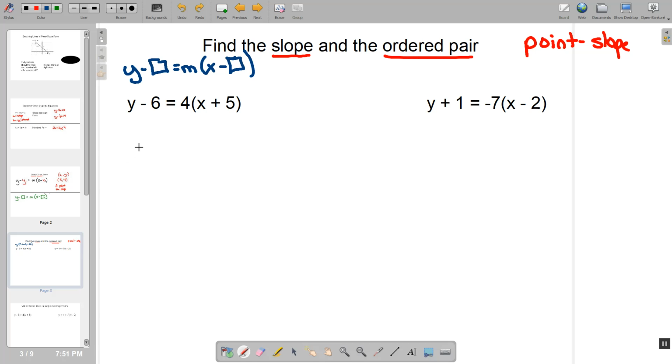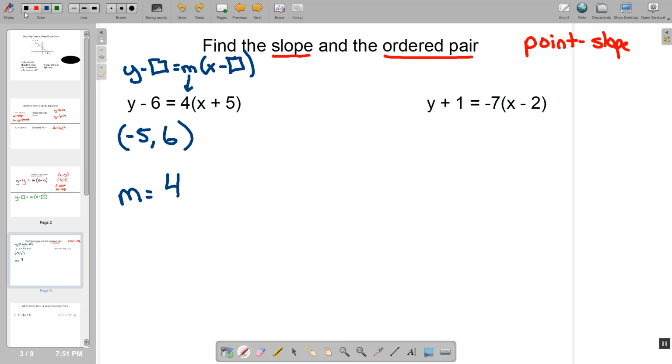So, for example, in this one, the y value will be positive 6, and the x value will be negative 5, because that's a negative sign right here. That's a positive. So the ordered pair is negative 5 from here and positive 6 from here. The m value is still our slope, which is just 4.